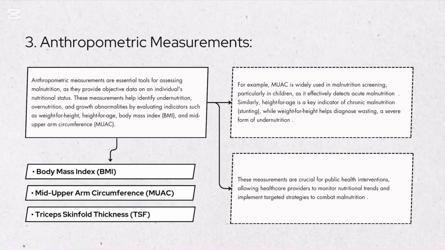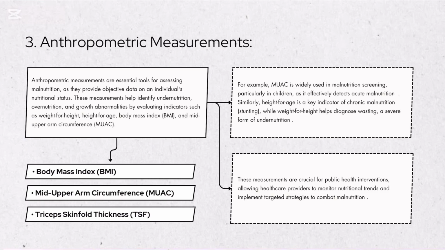2. Height for age reflects long-term nutritional status and is a key indicator of stunting or chronic malnutrition. 3. Weight for height is used to diagnose wasting, a severe form of acute undernutrition. 4. Body mass index, BMI, is commonly used in adults to classify nutritional status as underweight, overweight, or obesity. 5.